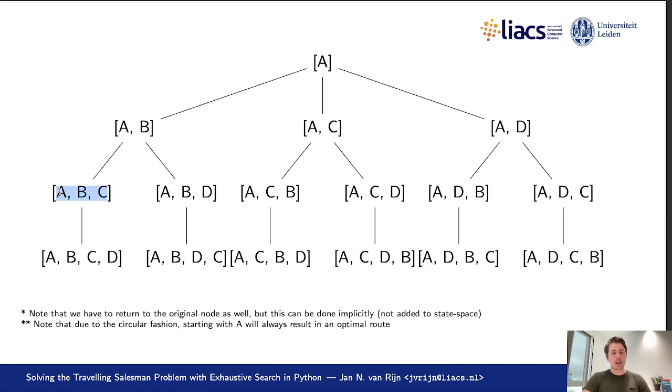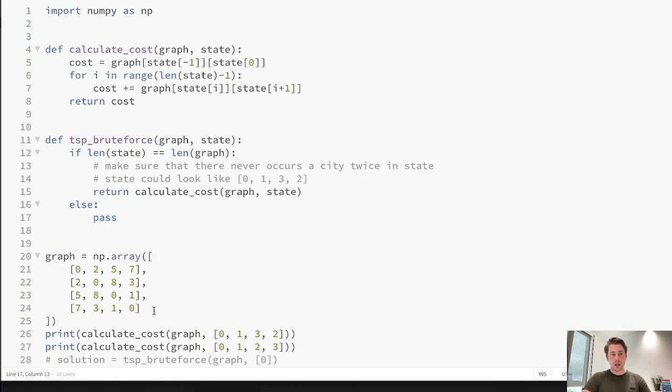Now, this also means that if I do the proper things higher up in the state space diagram, when I trust the recursion and do the proper moves, I will also get the answer for what would be the answer that we find if we add C to this state, and what will be the answer if we add D to this state. So this is actually exactly what we're going to do. We're going to try out all these possibilities.